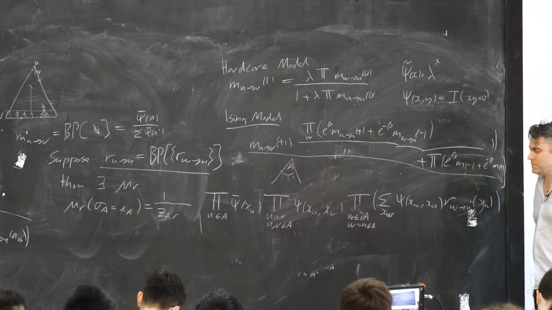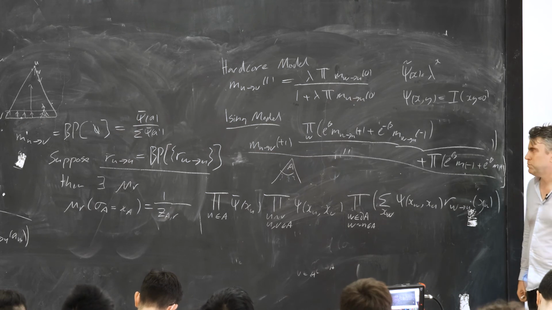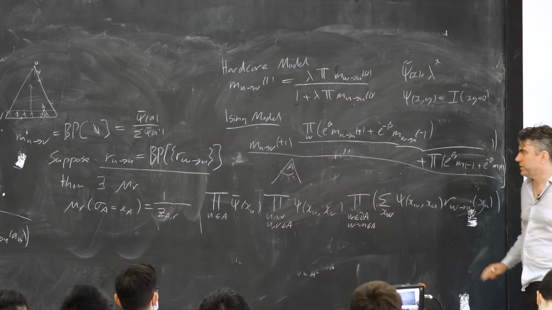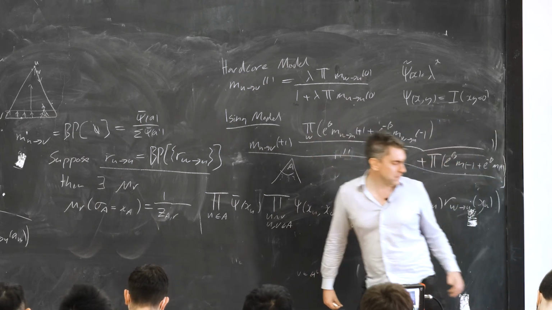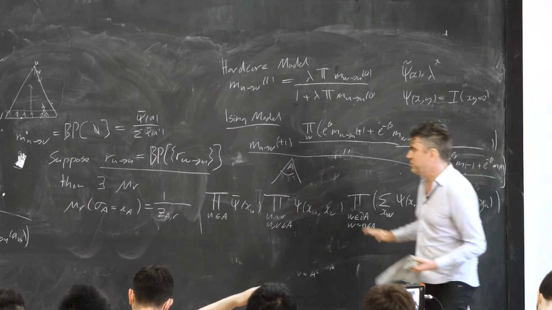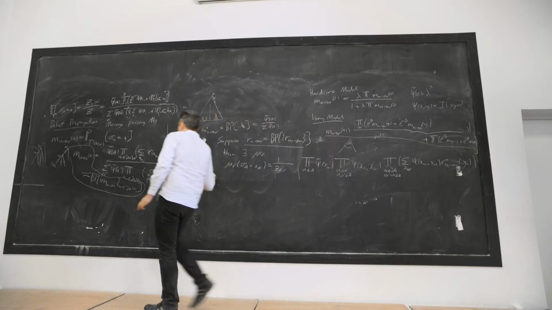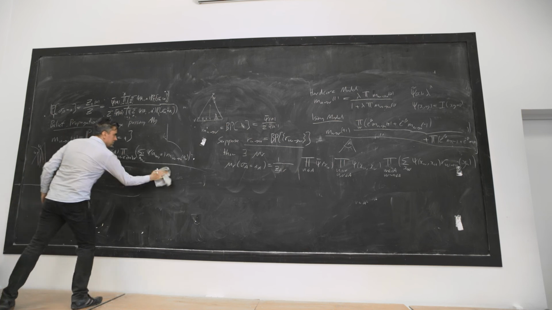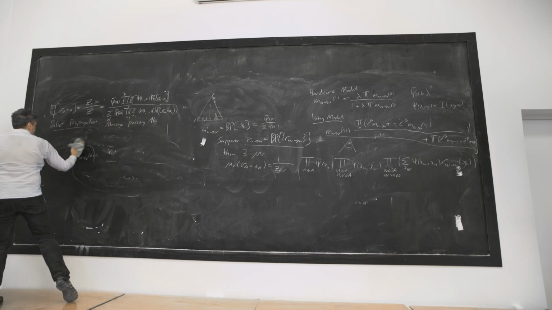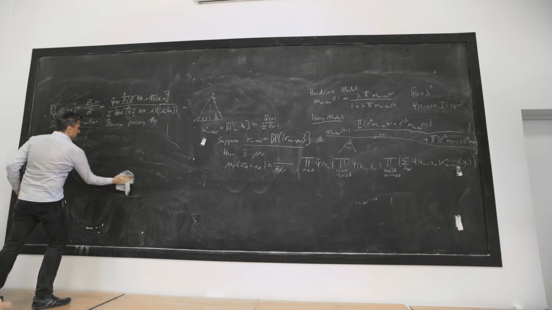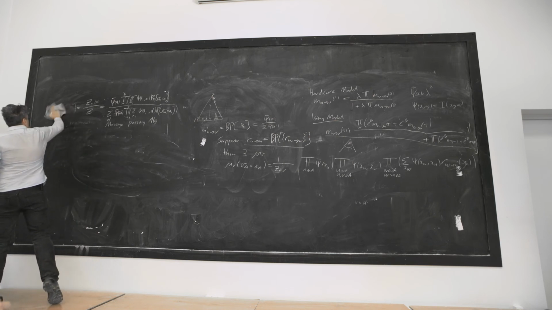Okay. But there are particularly simple kinds of these fixed points of BP messages, at least if we're talking about a random d-regular graph.